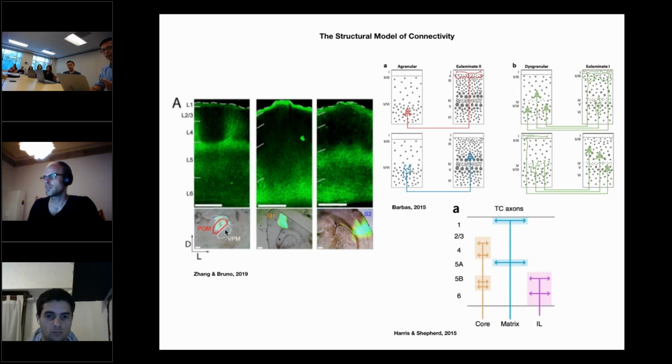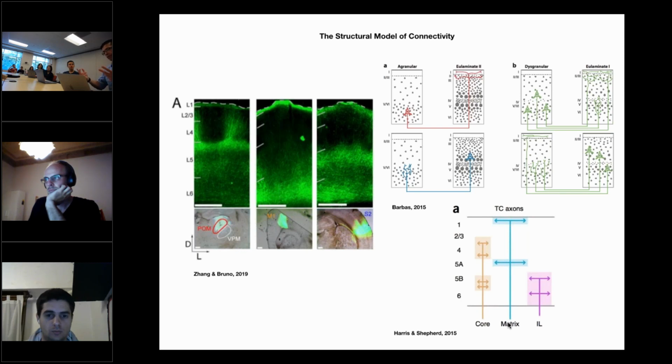So let's take the connection from the thalamus to S1. Remember last time what we said was this is the core. This is if it was the LGN coming in. This is the matrix. Usually, some aspects of LGN is matrix, but as you move away from the primary relay nuclei, they become more matrix-like.